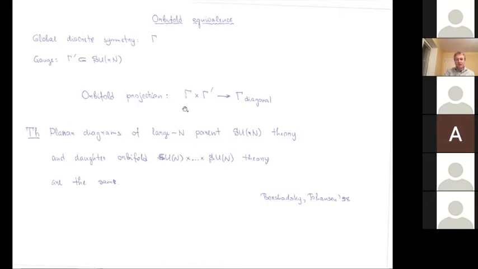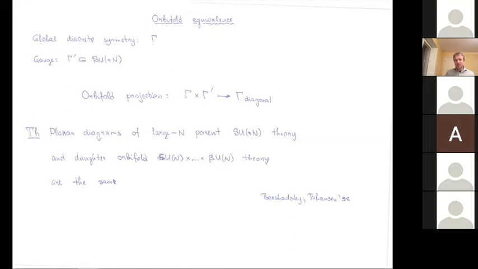Then we can consider a projection which breaks this product of global symmetry and its embedding in color to a diagonal group, which simply means that we take all the fields that are charged with respect to the diagonal group and set them to 0. There is a beautiful theorem due to Bershadsky and Johansen that planar diagrams in the theory so obtained are the same as planar diagrams in the parent gauge theory.